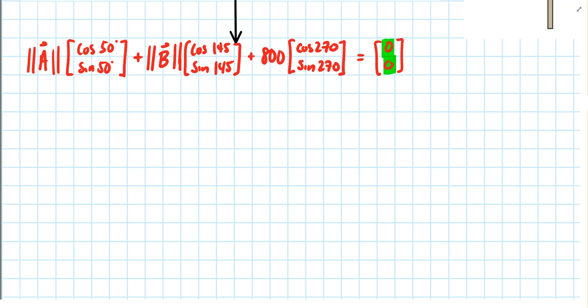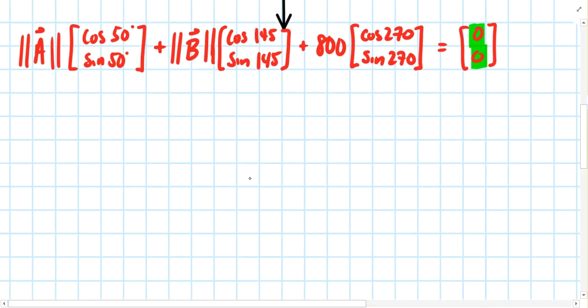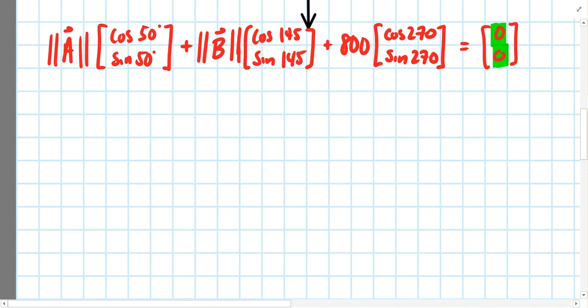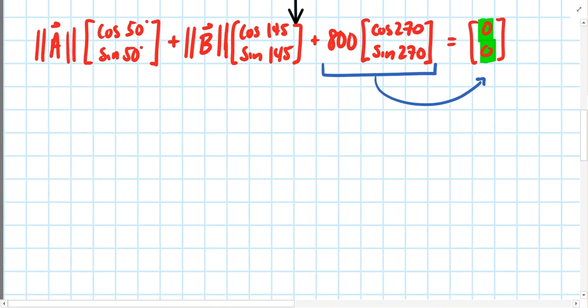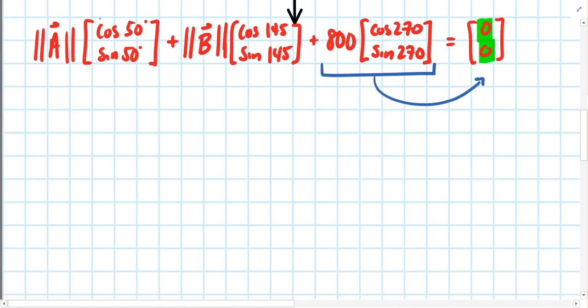So the next thing that we're going to go over is how we can determine this result, and we can actually use a larger matrix to solve this. Now, one thing that I'd like to point out is that this result here, the 800 times this matrix, is going to be easy to calculate, and it will represent a single vector. And so what I'm going to do is move that to the other side by subtracting. And then I'm also going to recognize that this magnitude of A is being distributed into this matrix, and B is being distributed into this matrix.